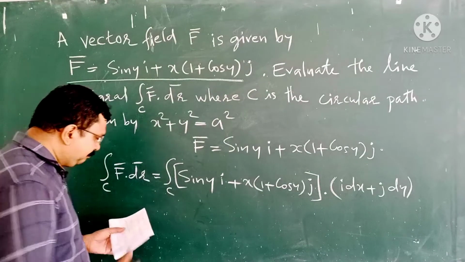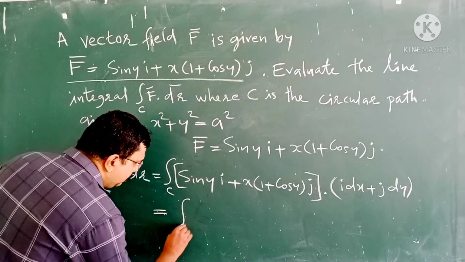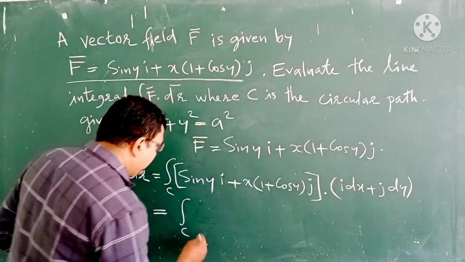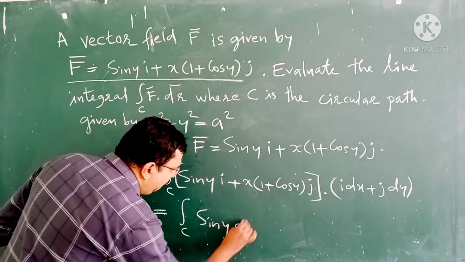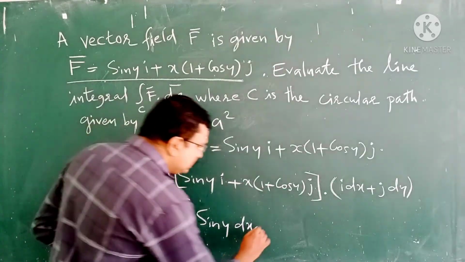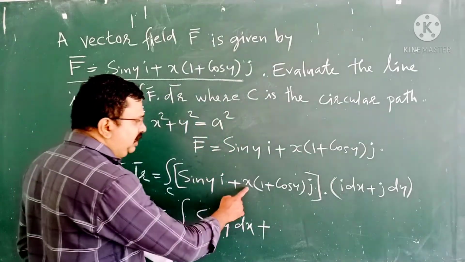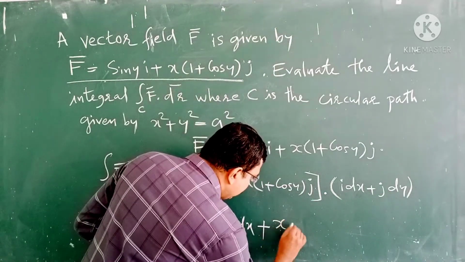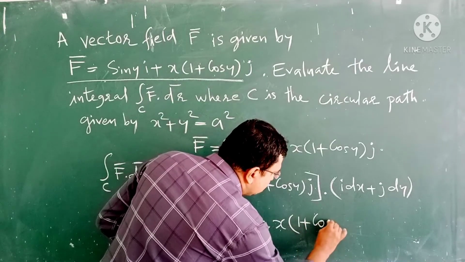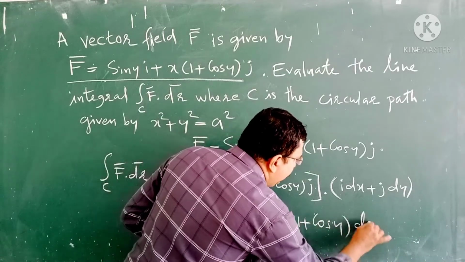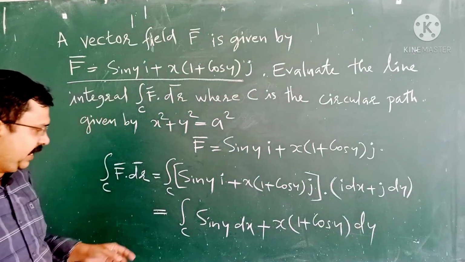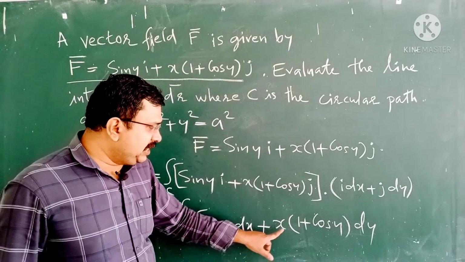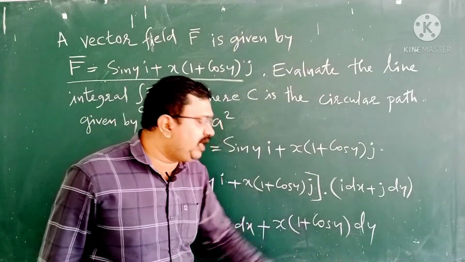Therefore it becomes the integral over C of sin y dx plus x into 1 plus cos y dy. Therefore we get the integral over C of sin y dx plus x into 1 plus cos y dy.